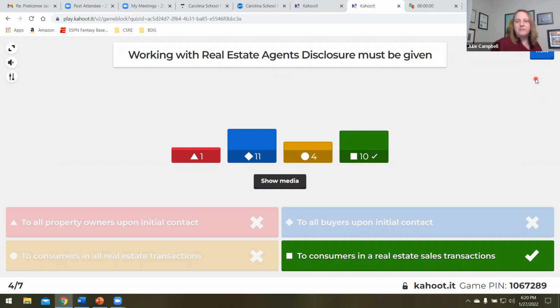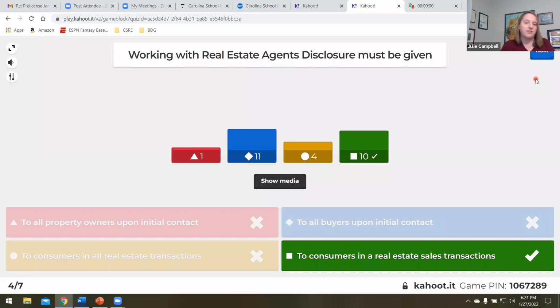What's wrong with the blue one? Is it all buyers? Is it initial contact? Or is it for substantial contact? That's when we're notifying, for substantial contact. So we're going to give it to all buyers, right?